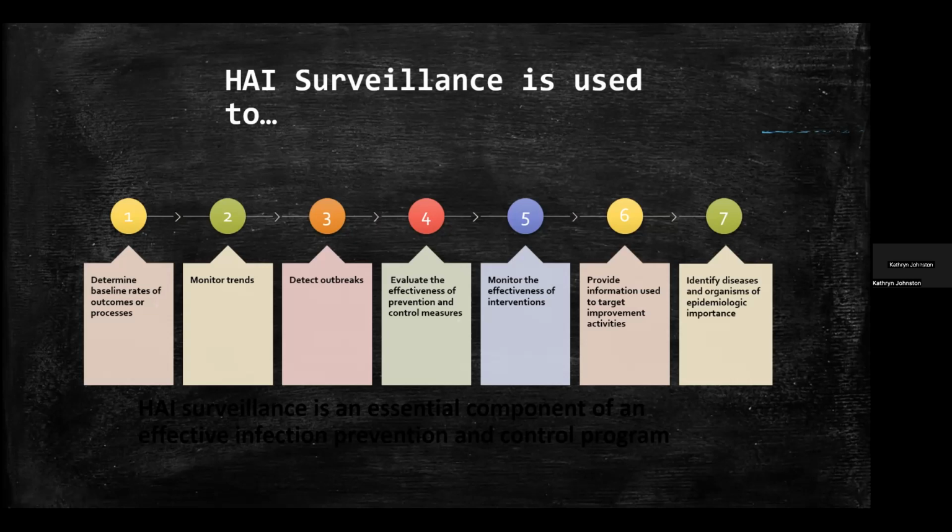For example, carbapenem-resistant organisms sometimes require an immediate response, and that's what surveillance is supposed to do. Carbapenemase producing organisms should be considered an alert organism, so surveillance should be picking this up. This is why microbiology and the IPC team should be working hand in glove together for the prevention of HAIs and the control of outbreaks.